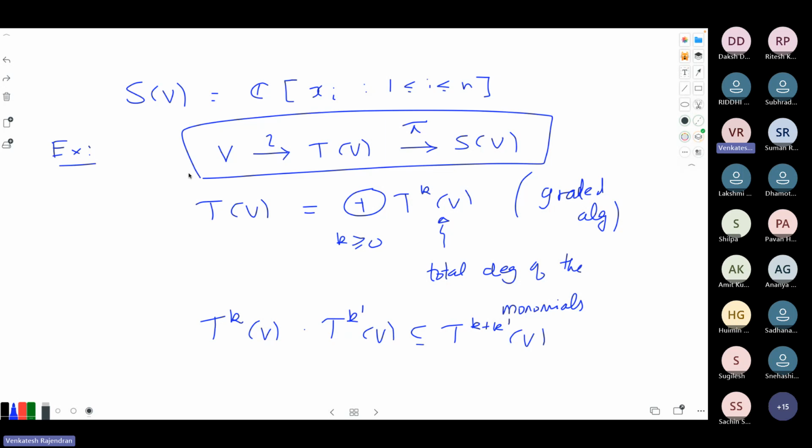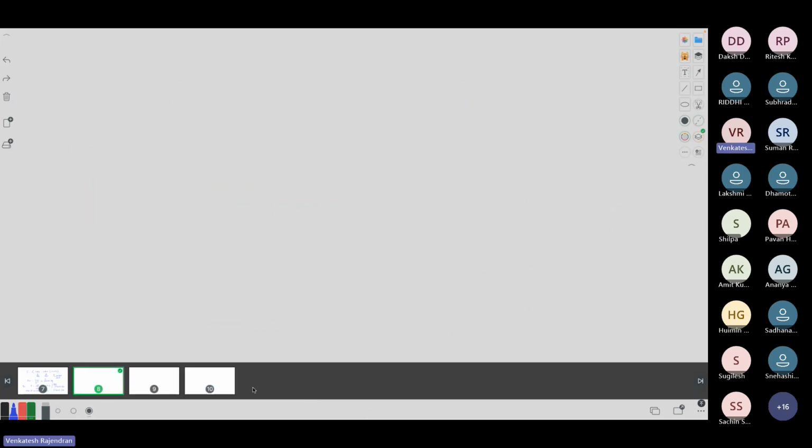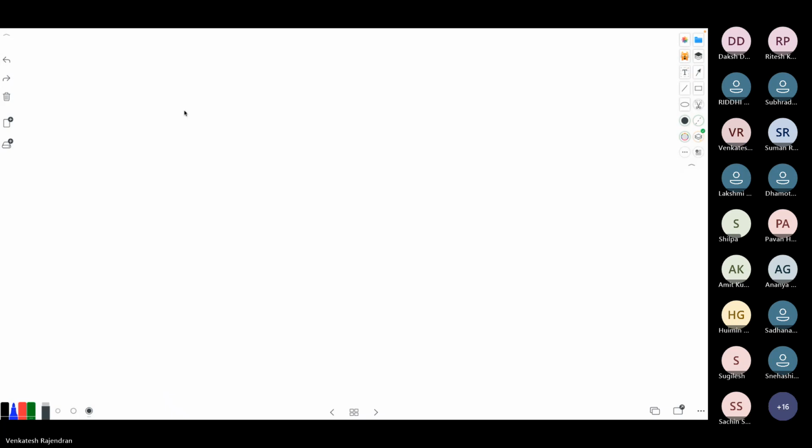And we want to write down the universal property of this S(V) in terms of this map. This composition is indeed injective. So let's write down that injective map, which again we will denote by iota.